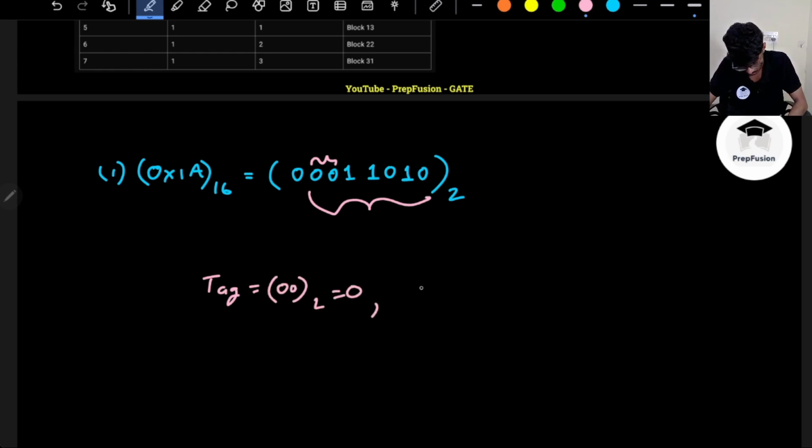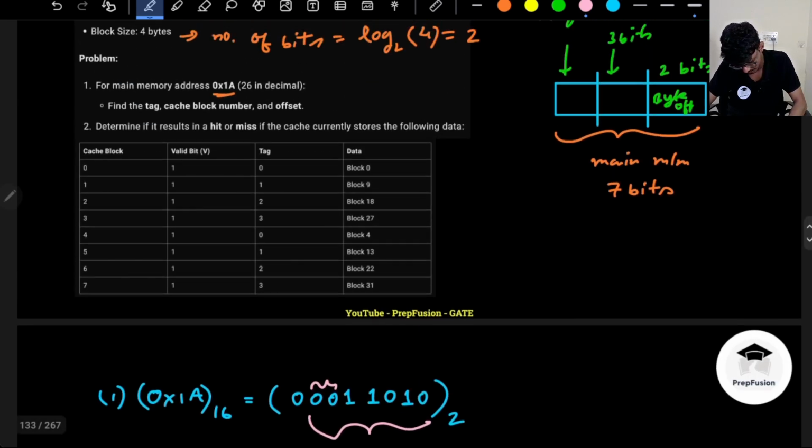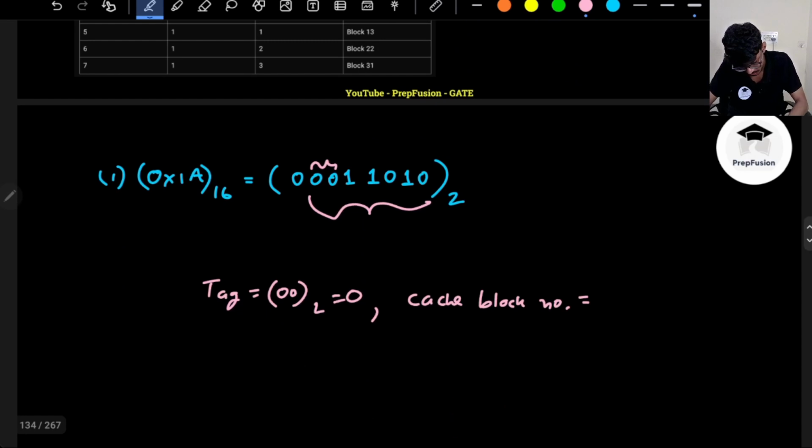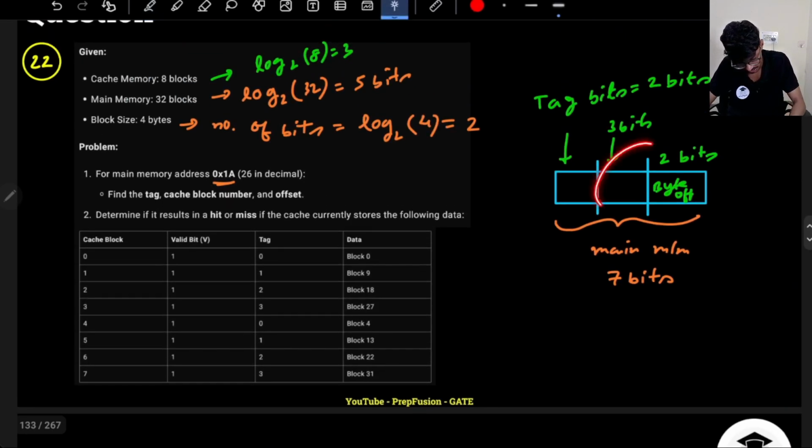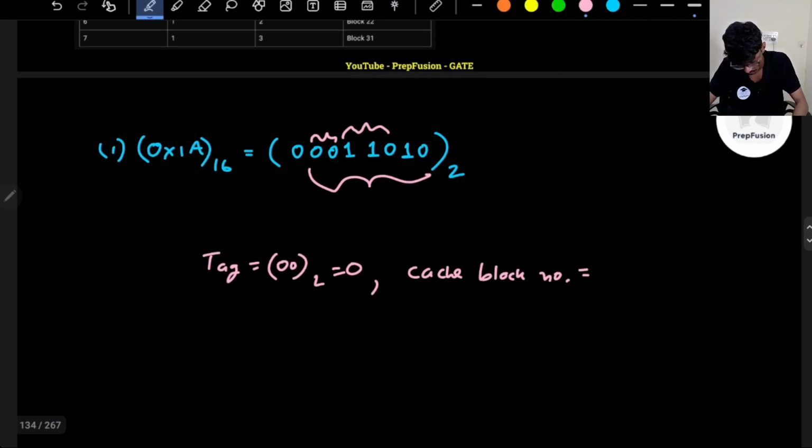What about the cache block number? The cache block number will be the next 3 bits, so it is 110. So the next 3 bits are the cache block number, 110 in binary, so this will be 2 plus 4, that is 6.